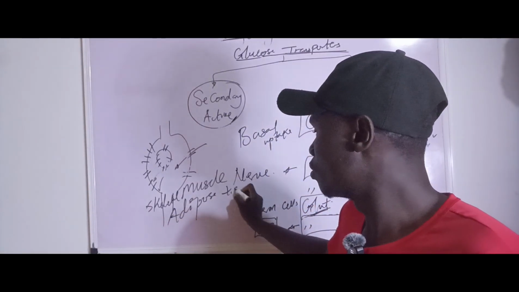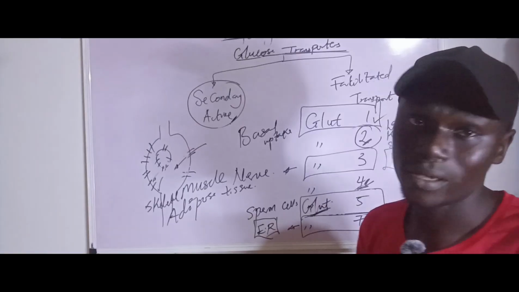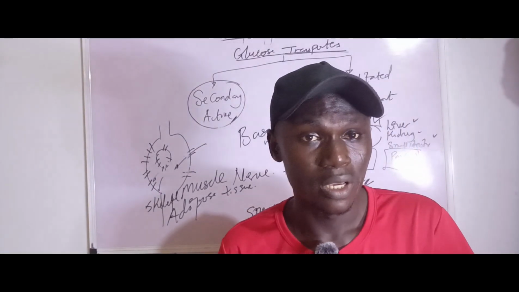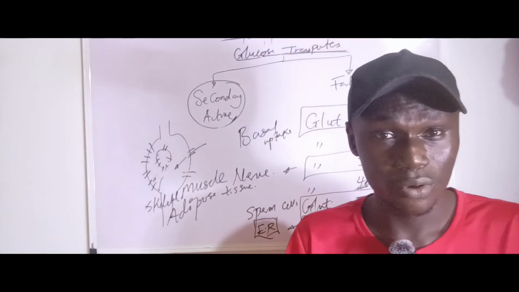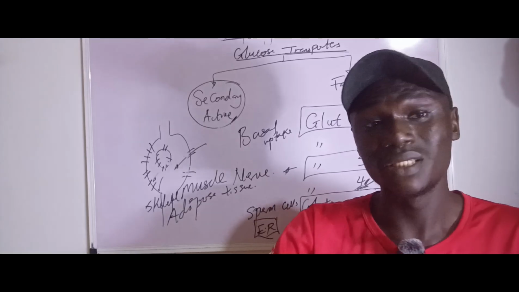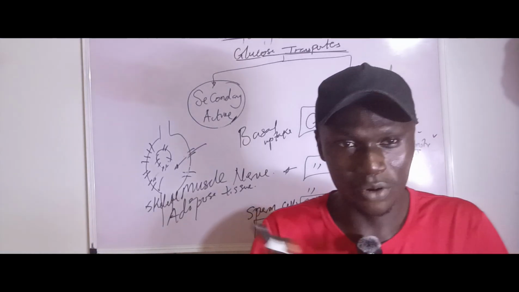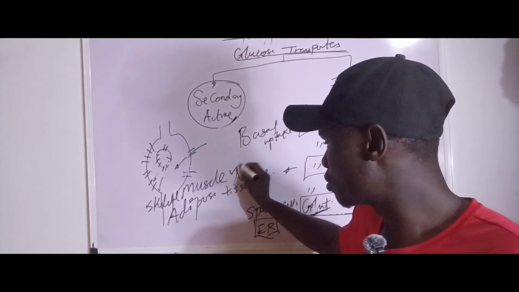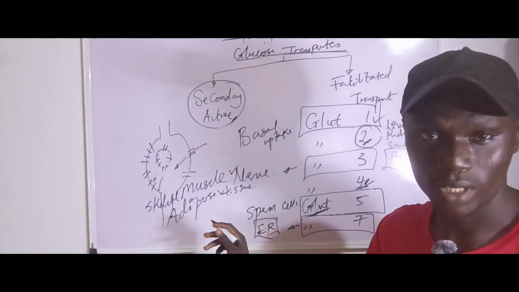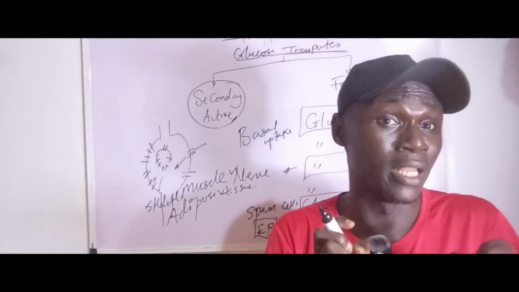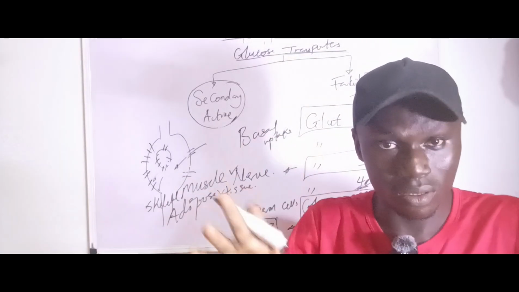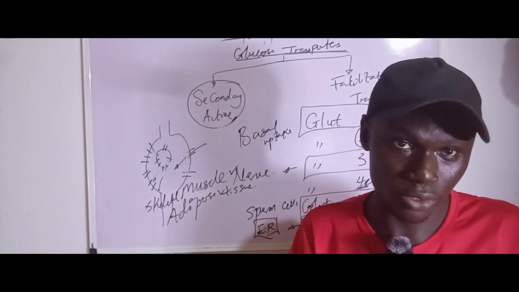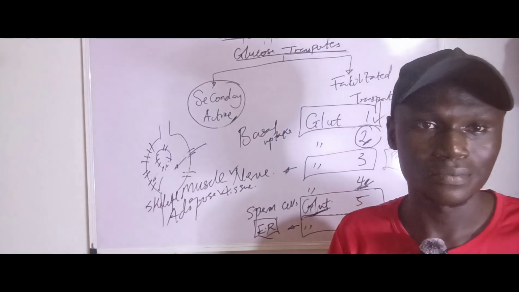Then it's also found in adipose tissue. So MCQ for you now: they will ask you which of the following tissues' uptake of glucose is hormonal dependent. Please just look for skeletal muscle and adipose tissue, because they depend on insulin to induce GLUT4 production so that they will uptake glucose.